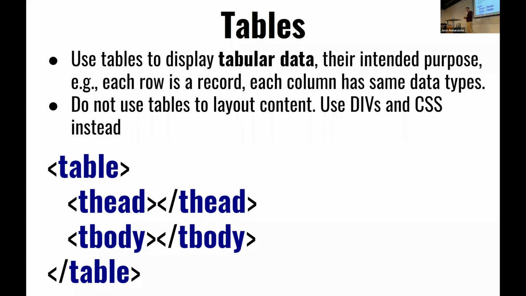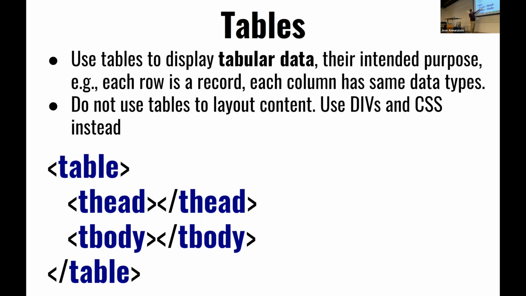The foot is also just a row of resulting values, maybe averages or totals or sums that add up an entire column. Maybe you want the average value of a whole bunch of records. That's where you put it in the foot, and the body contains the main content of the data.